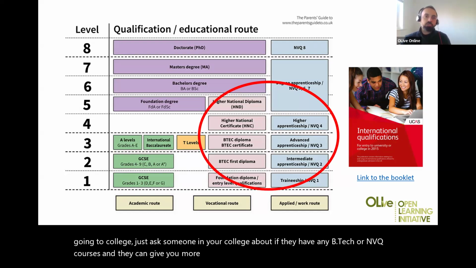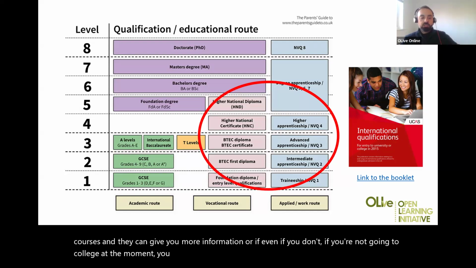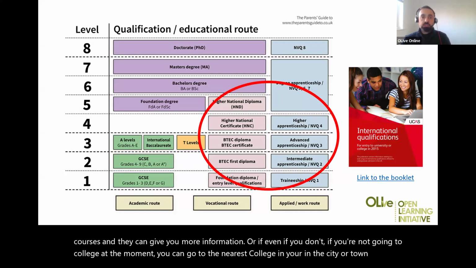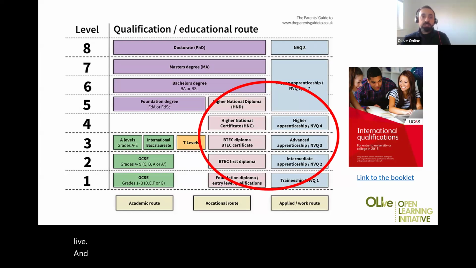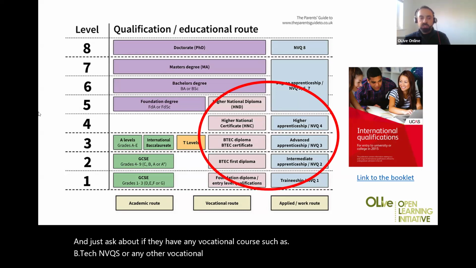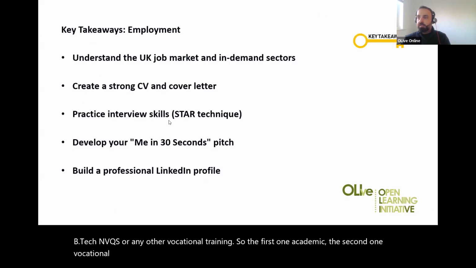Or if you're not going to college at the moment, you can go to the nearest college in the city or town that you live, and just ask if they have any vocational course such as BTEC, NVQs, or any other vocational training. So the first one academic, the second one vocational and job related.